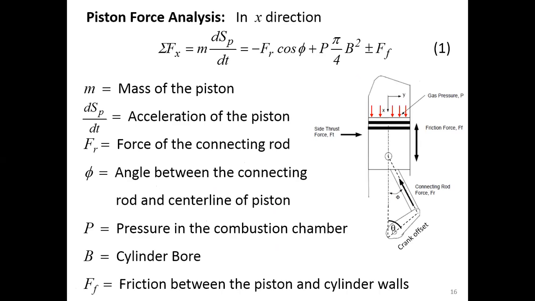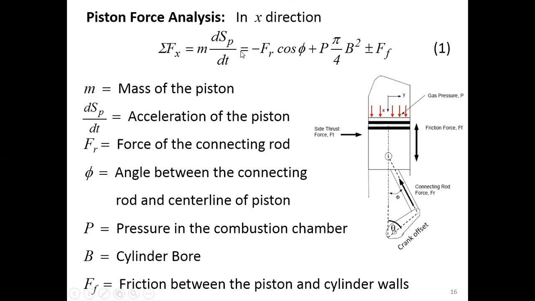Now, since we already know what kinds of forces act on the piston, let's look at the piston force analysis. Start from the x direction. We have the summation of the forces in the x direction, which is equal to the mass of the piston times the piston acceleration.